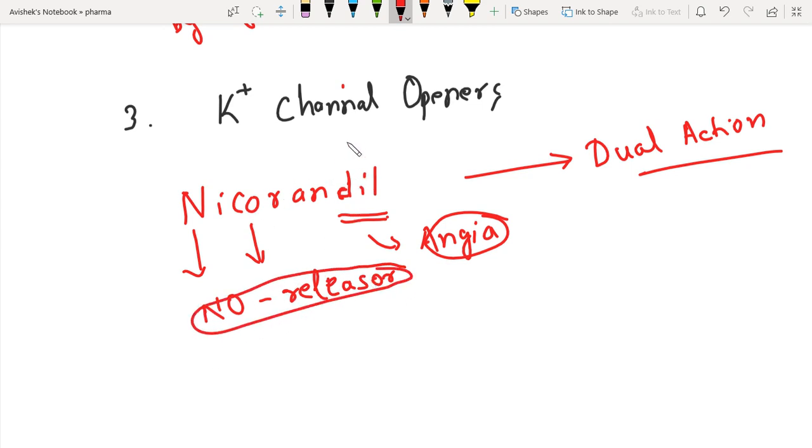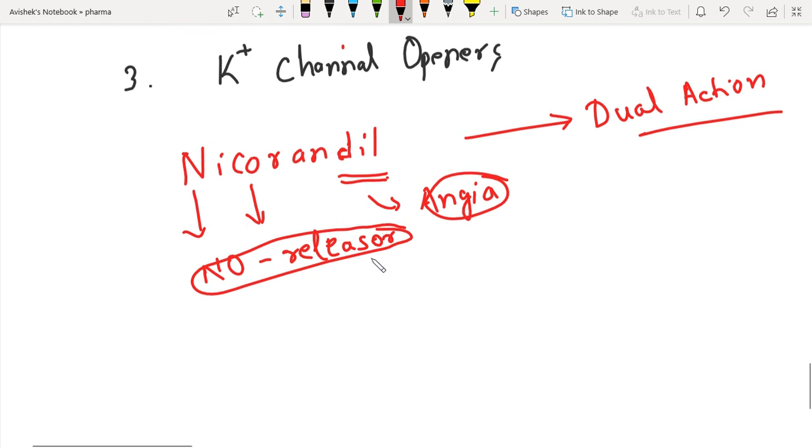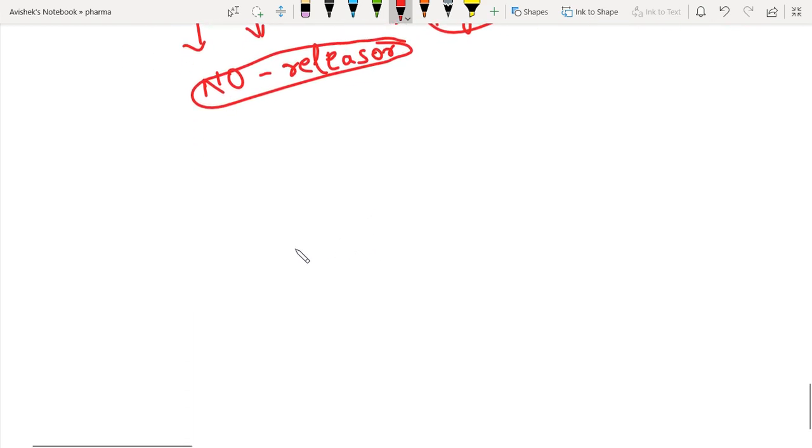So it can work as a potassium channel opener and plus nitrate releaser.